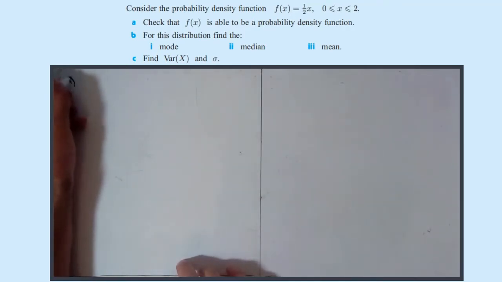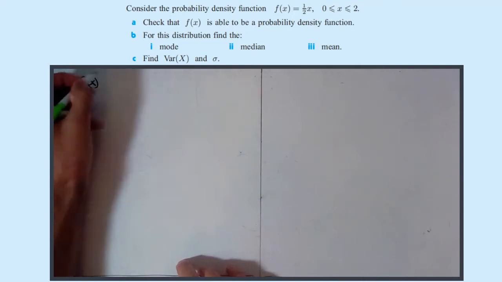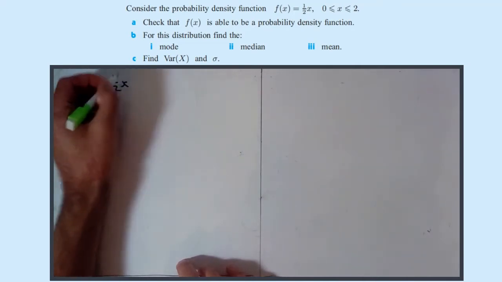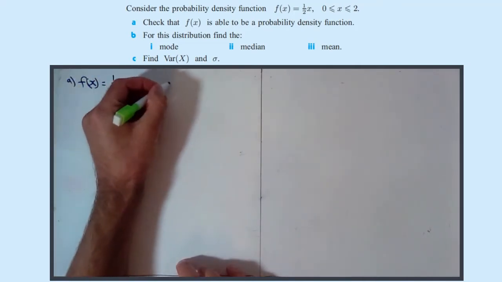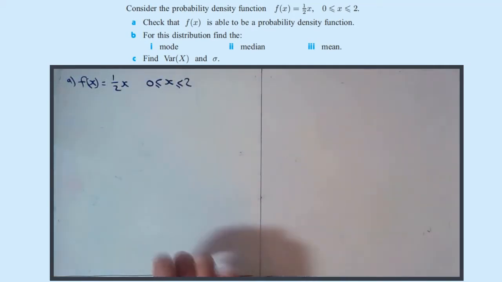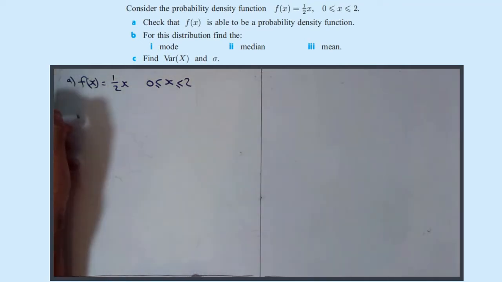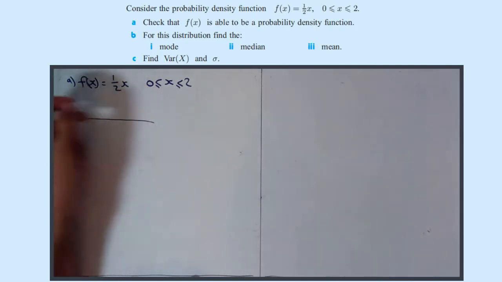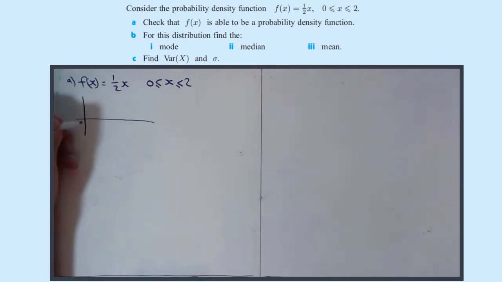So part A, f of x equals a half of x for x between 0 and 2. For something so simple, you might as well have a look at it. A half of x is just a nice simple graph.